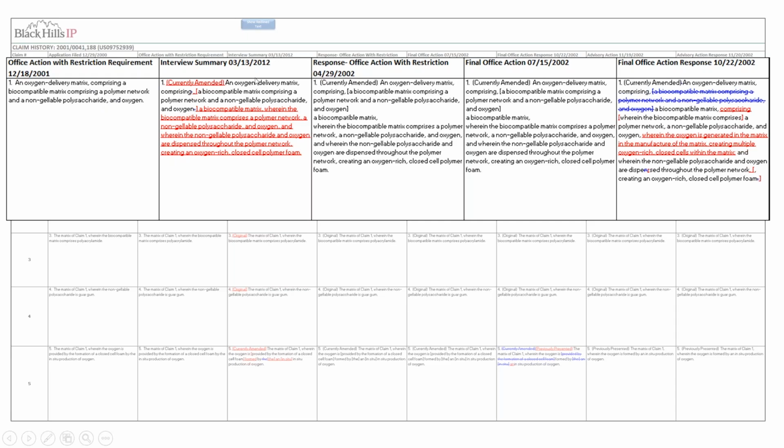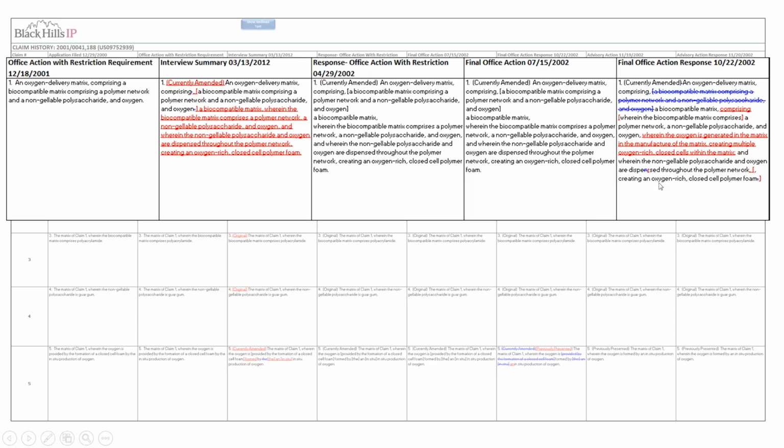After an interview and a talk with the examiner, who may have talked some sense into the applicant, saying you need a little bit more detail in there, an amendment is added. And then some prosecution happens, and then a final office action is issued, and another amendment happens.